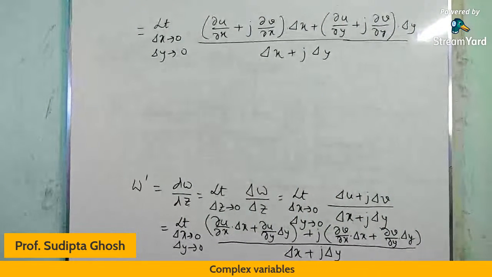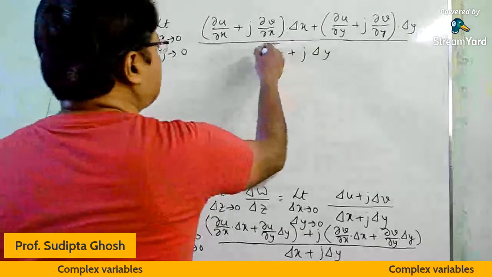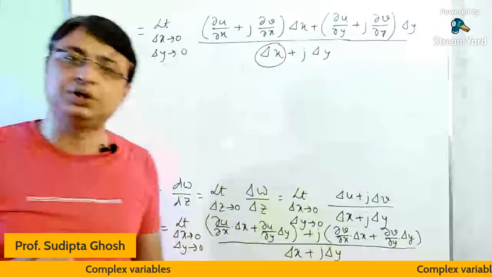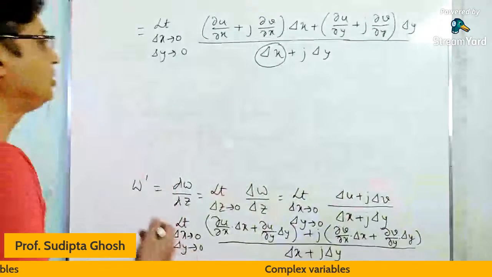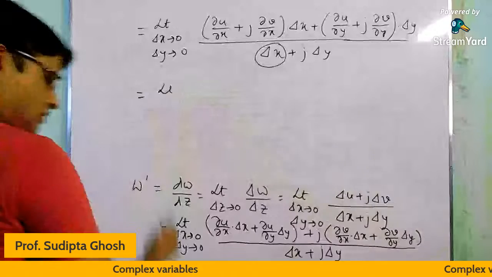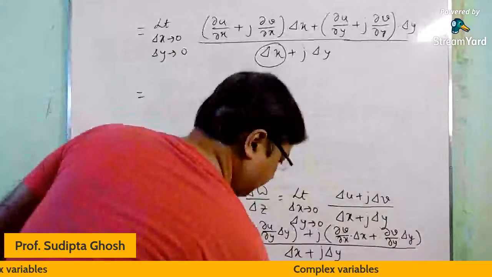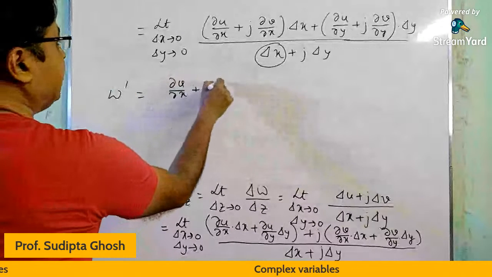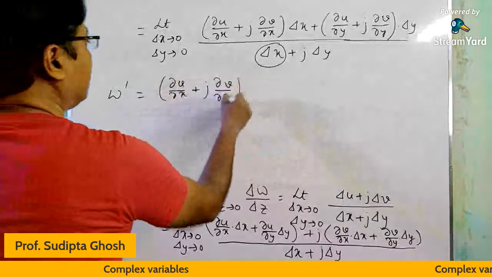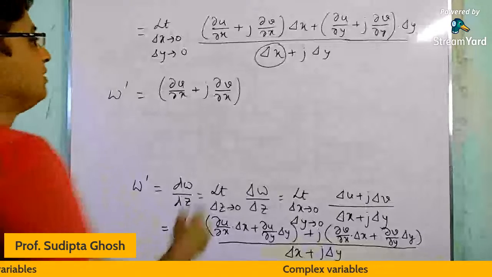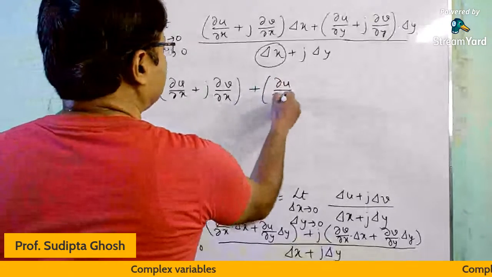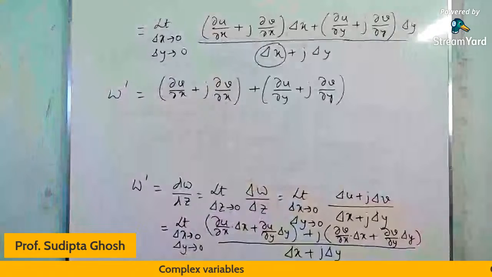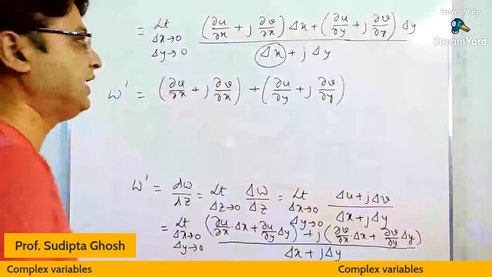Now dividing both the numerator and denominator by delta x and putting the value of the limit delta x tends to 0, what we get is w prime equals del u/del x plus j del v/del x, as dividing by delta x it will be 1, plus (del u/del y plus j del v/del y) into delta y by delta x, and then putting the limit delta x tends to 0.